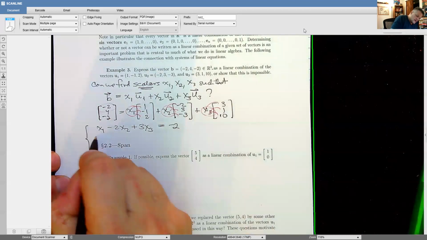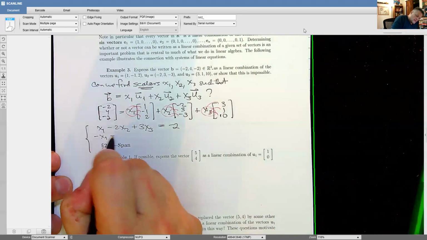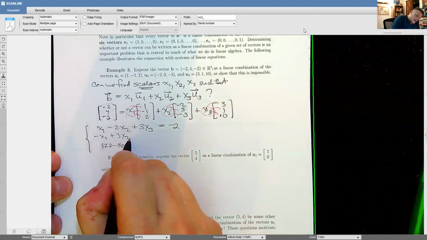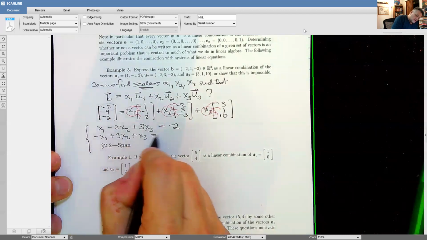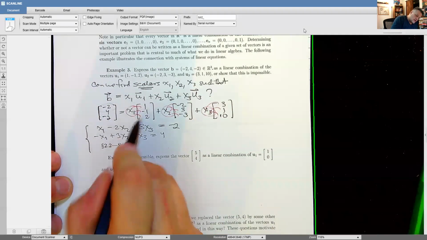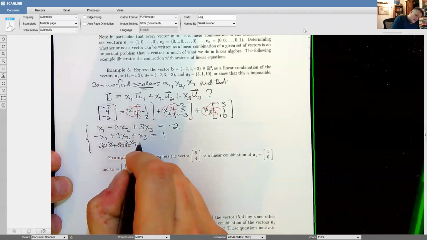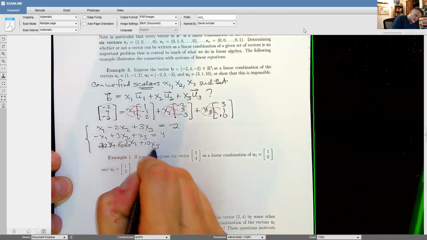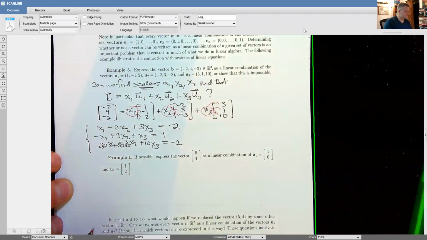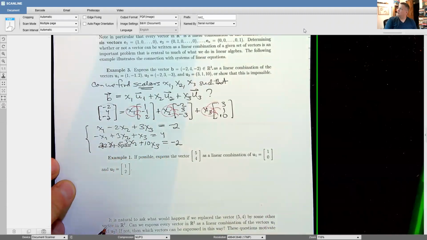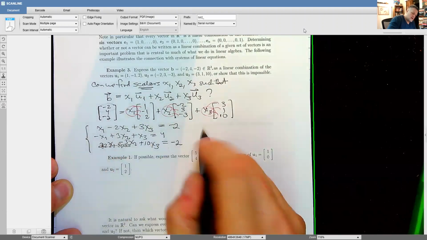Over here, I have negative x1 plus 3x2 plus x3, that's equal to 4. And then from the last one, I have 2x1 minus 3x2 plus 10x3, that's equal to minus 2. Okay? So that is the system.